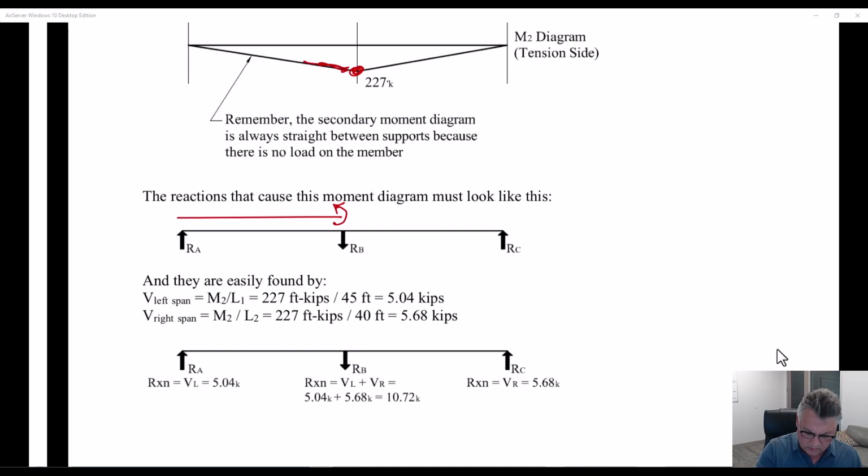So there will be a shear here and a shear here. Same thing on this side. That same 227 is creating a reaction here and a reaction here.